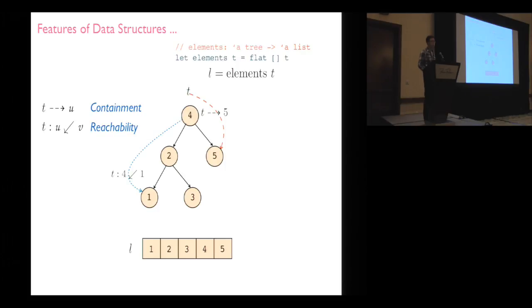Then we have the tree parent left child. The left child of 4 is considered the true reachability for input tree T. And in the example 5, if U comes from the left subtree and V comes from the right subtree of the tree, containment and reachability can also be applied to this.